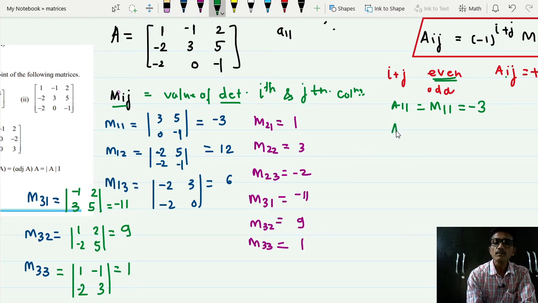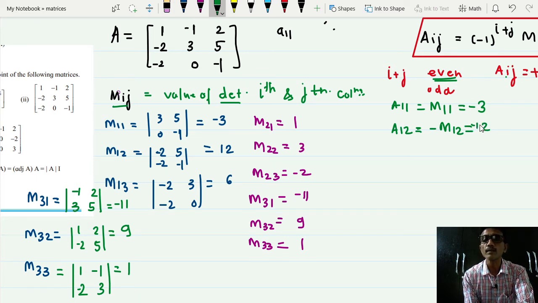Then A12, there will be a change in sign, minus of M12. What is our M12? It is 12. So there will be a change in sign, that is minus 12. Then A13 will be equal to what?